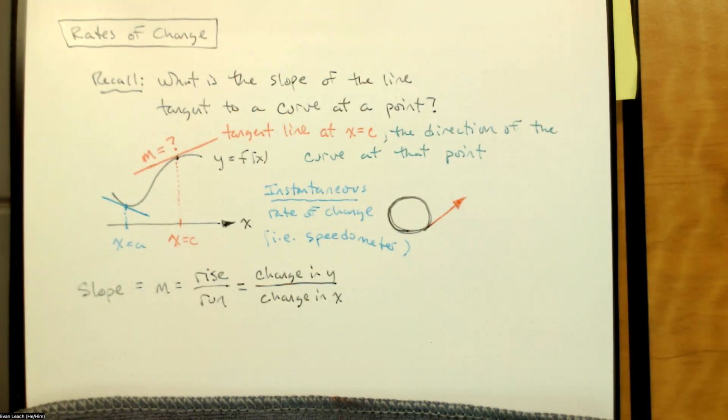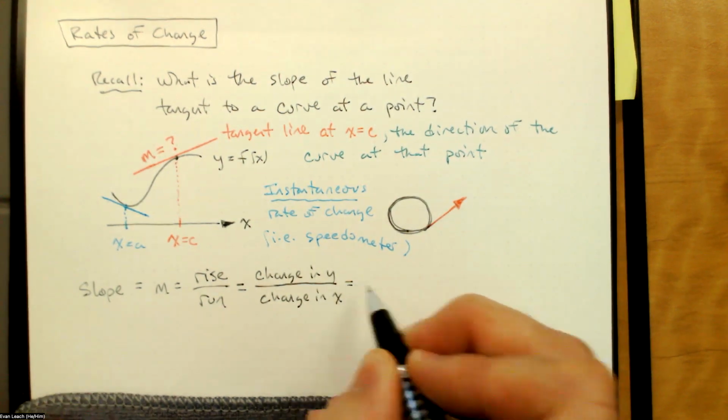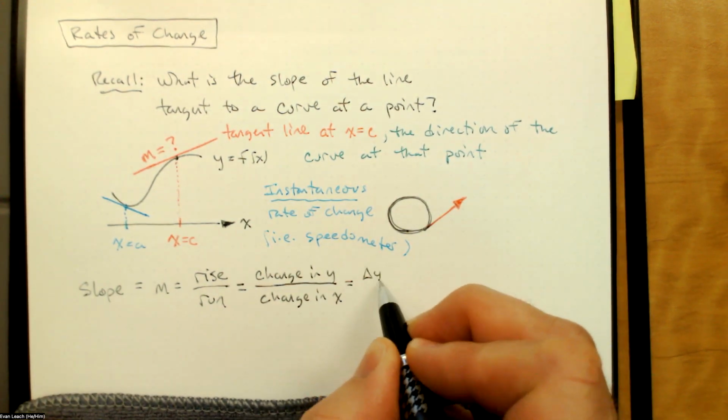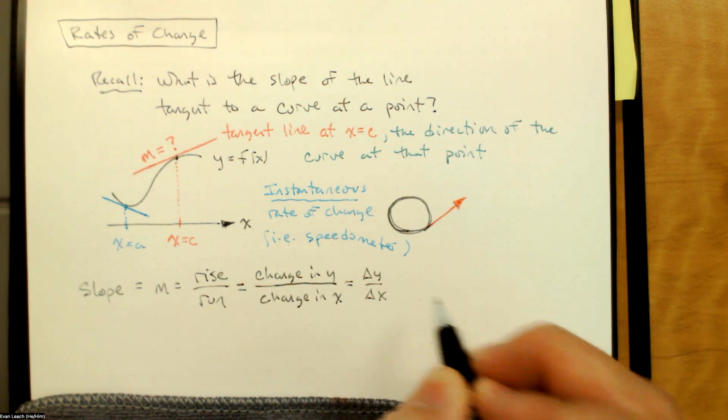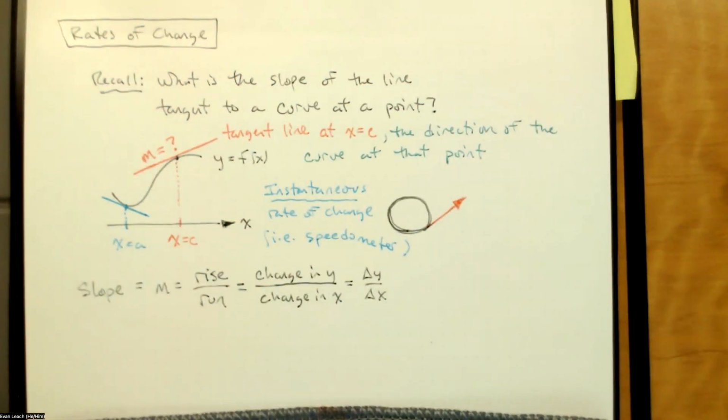How much the vertical changes divided by how much the horizontal changes. How much vertical change we get per unit of horizontal change. Sometimes we abbreviate change with a capital delta, so delta y over delta x. What is delta y? How do we calculate delta y?